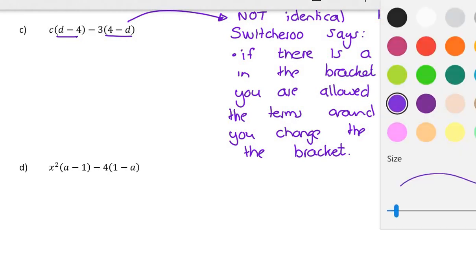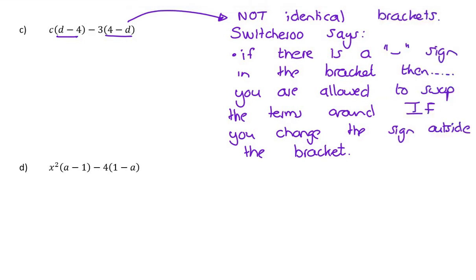So let me show you what I mean in this particular question. You see d minus 4 and you see 4 minus d. That is not identical. It's not a plus sign, so you can't just swap it around for fun. So what that is saying here is 4 minus d is your bracket, and there's actually a minus 3 attached.